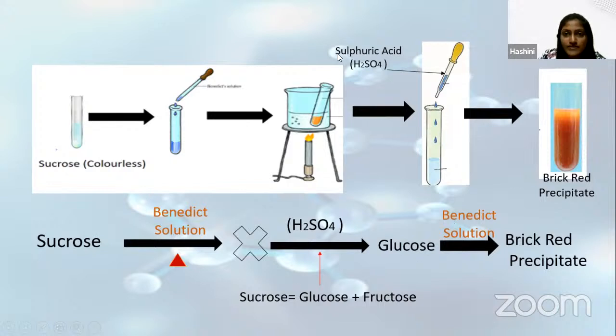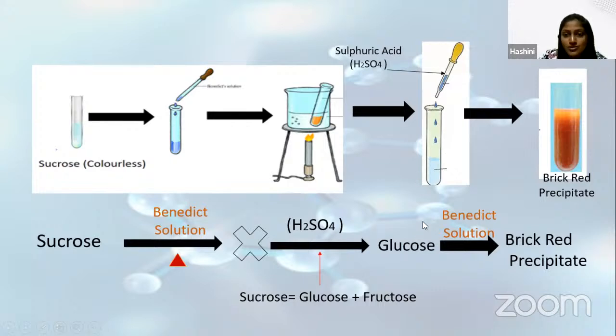So what do we do? We add some sulfuric acid. After adding the sulfuric acid, we can get glucose from the reaction. Previously the sucrose contained both glucose and fructose, but after adding the acid we get the glucose in the medium.